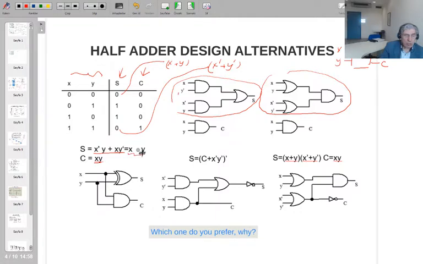XOR function means in practice there is an element XOR element, which is this element, isn't it? So I can use only one XOR gate to get that S, and just one AND gate to get that C. So that is the alternative half-adder design to those.